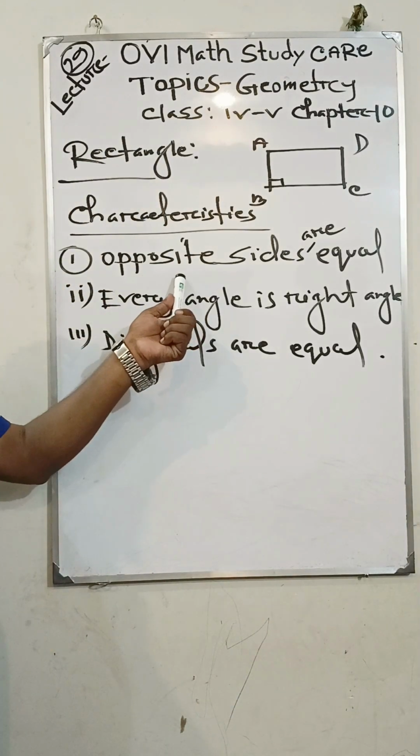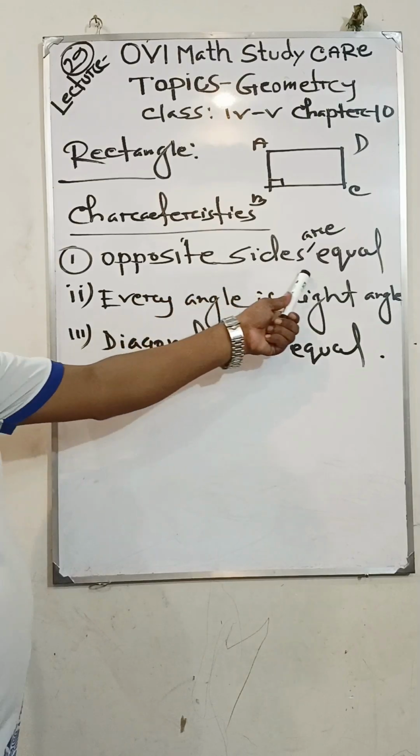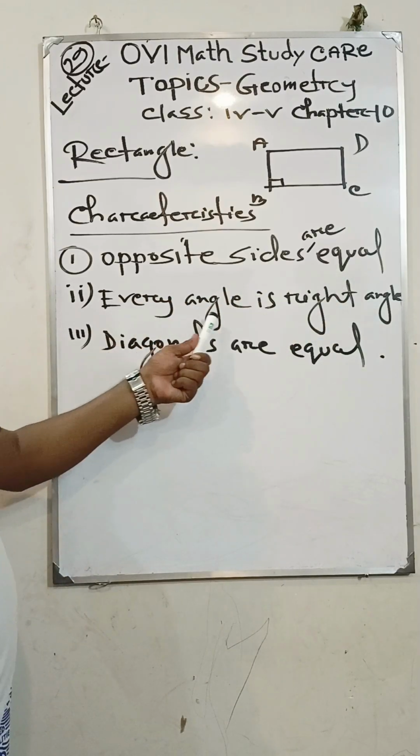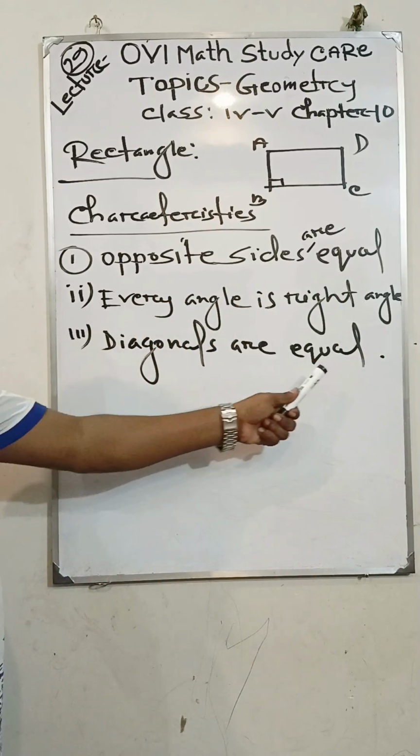First characteristic is opposite sides are equal, every angle is a right angle, diagonals are equal.